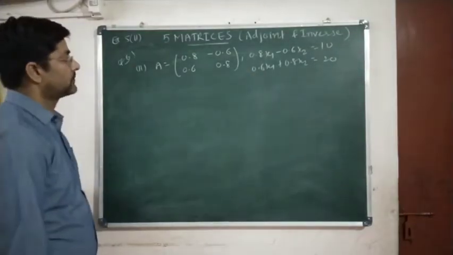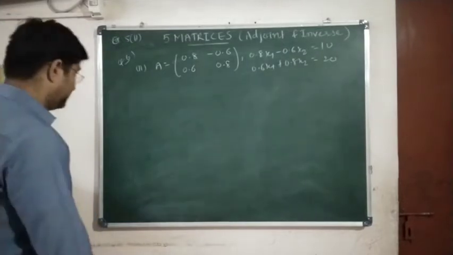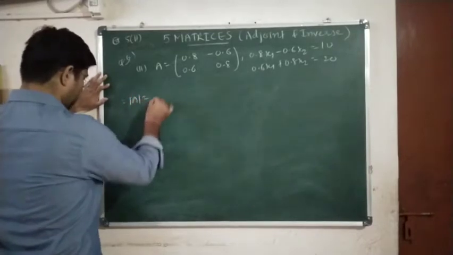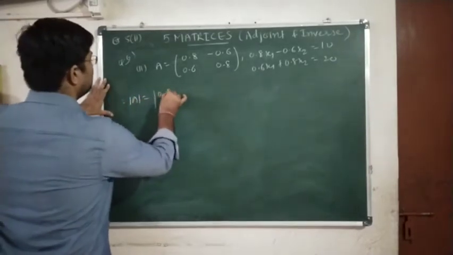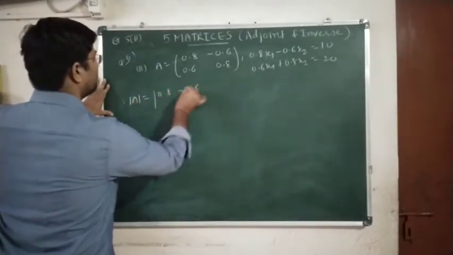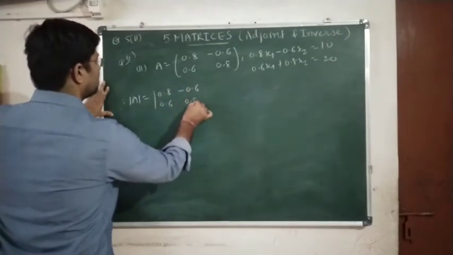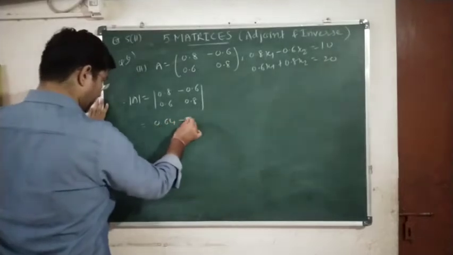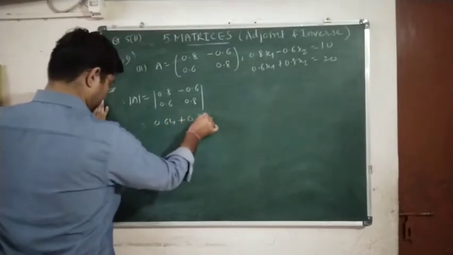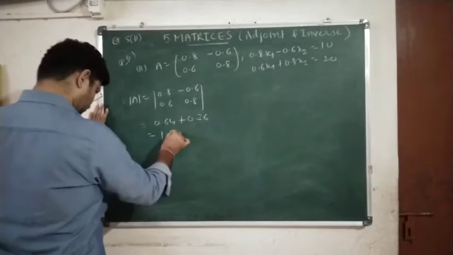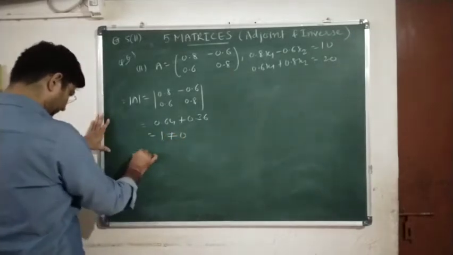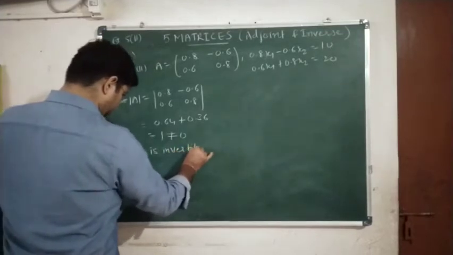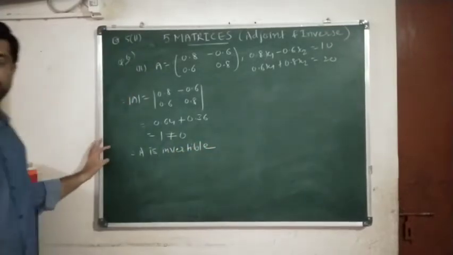Okay, so let us find the determinant of A. 0.8 times 0.8 plus 0.6 times 0.6 is 0.64 plus 0.36, which is 1, not equal to 0. Therefore, A is an invertible matrix.